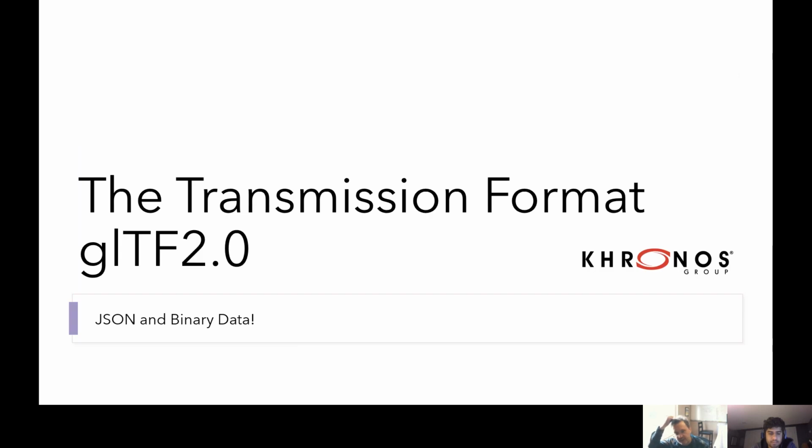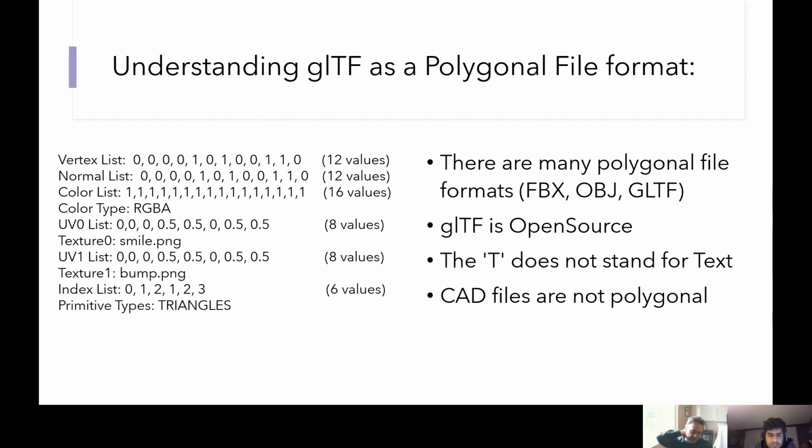So then jumping into the actual transmission format, which is glTF 2.0, which is kind of what our focus is. We're really representing both JSON and binary data. One of the things to understand first is that there are lots of different types of polygonal file formats. Some are proprietary, like FBX.